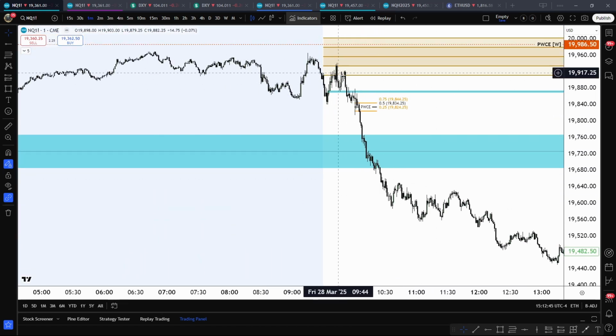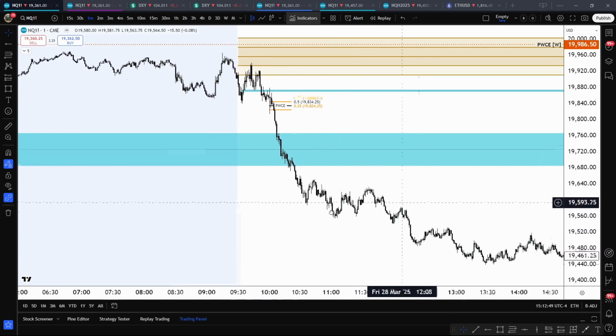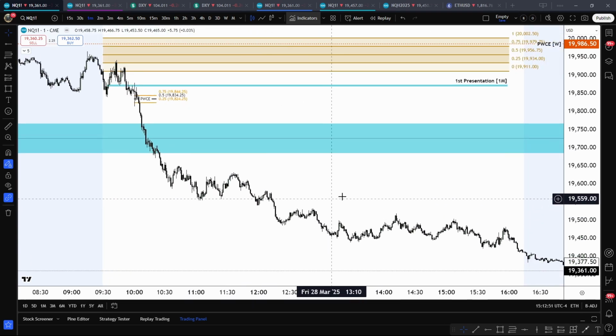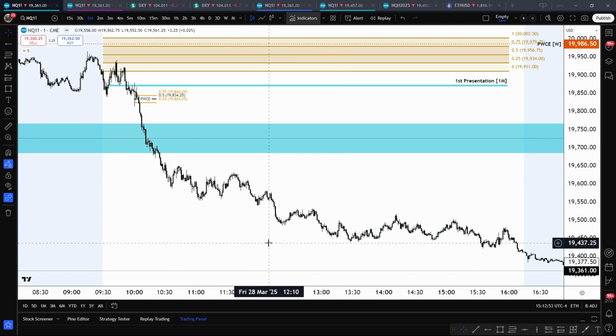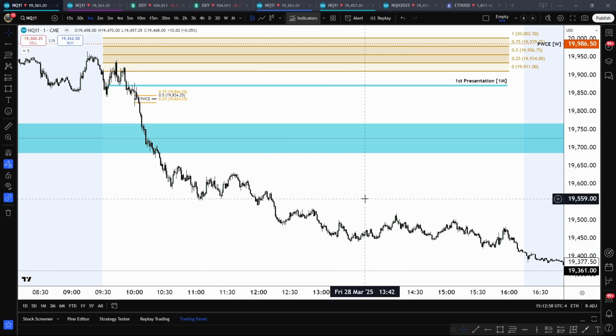So a large range day like this can be anticipated and actually easily traded, because it's a low resistance liquidity run, and yeah, it gives you a lot of freedom and a lot of profits if you manage to do it correctly.